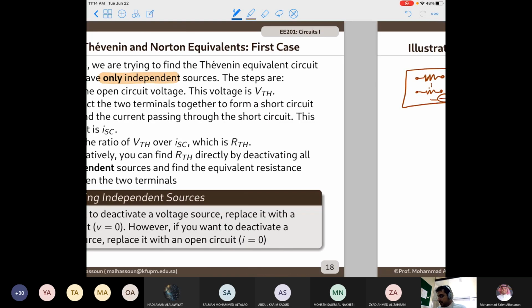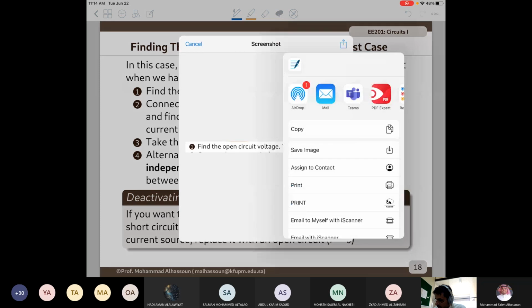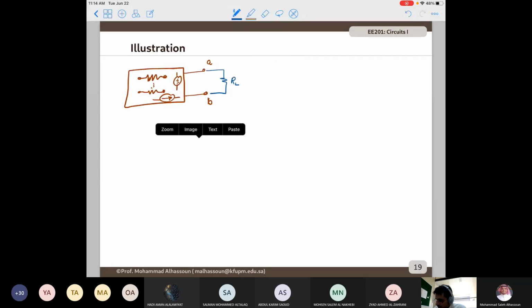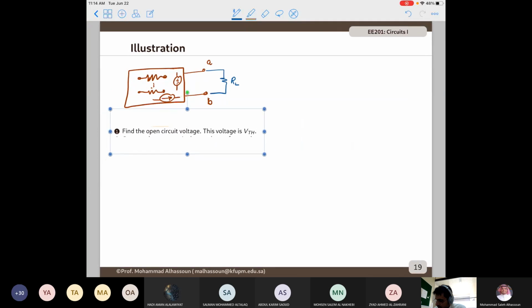Then if you disconnect it, you need to find the open circuit voltage here. Okay, you take this one.